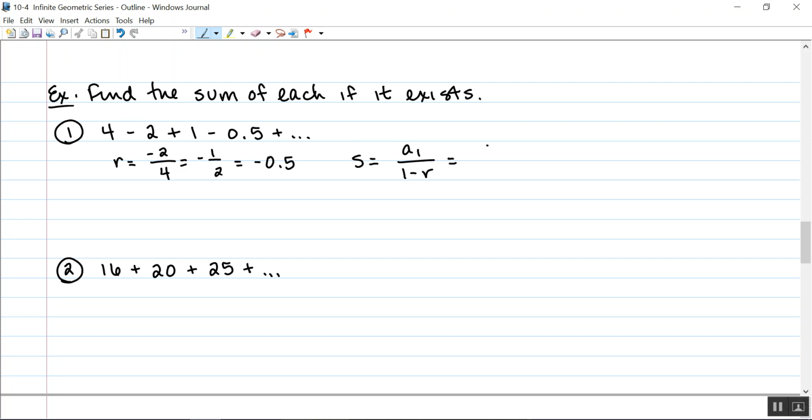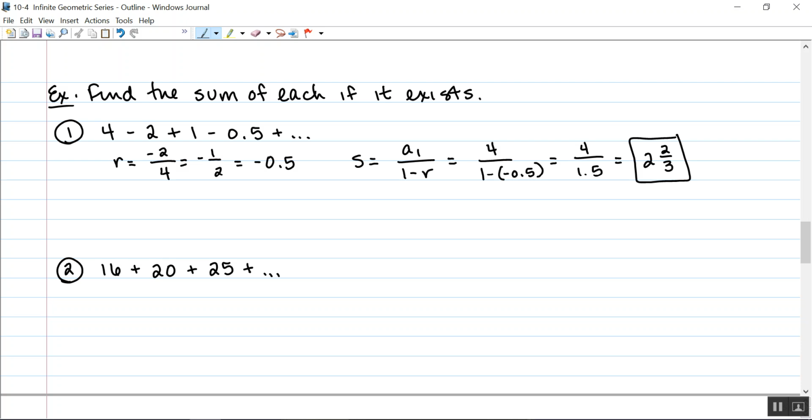A sub 1 is my first term, which is 4, divided by 1 minus negative 1/2, or 4 divided by 1.5, which is equal to 2 2/3. I switched over to a fraction here because that would be a little more exact.